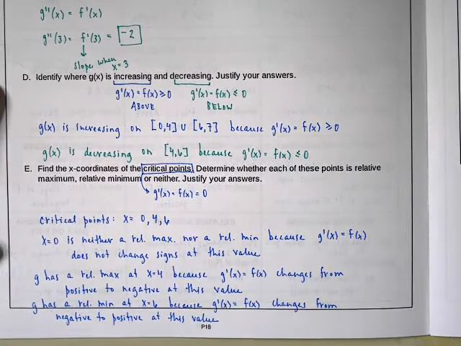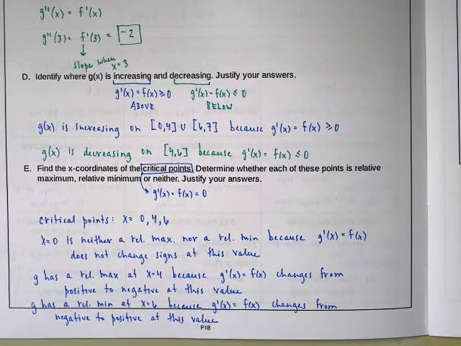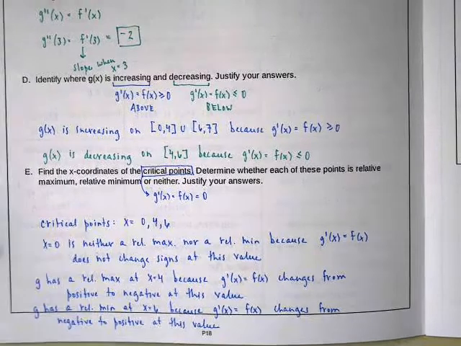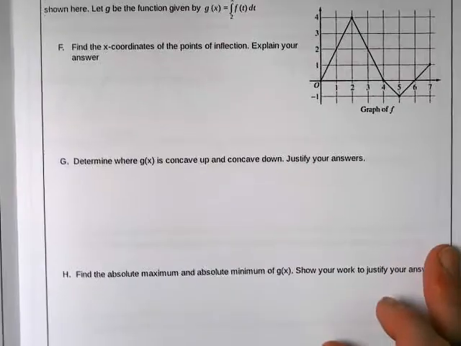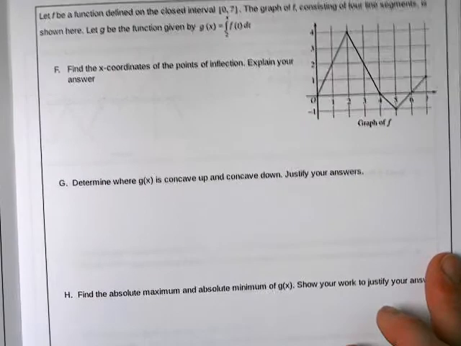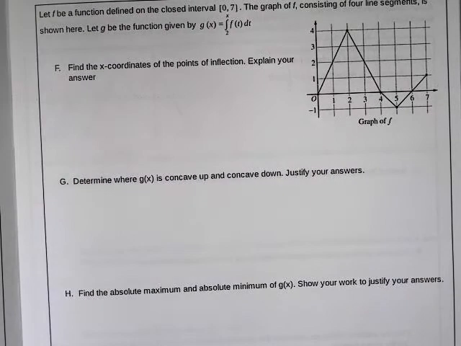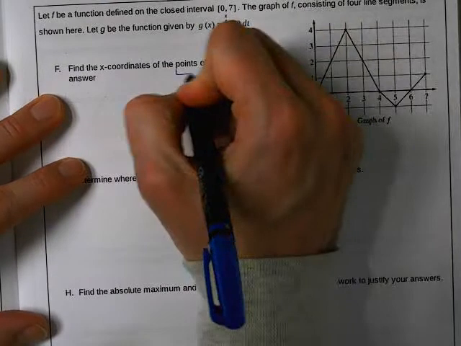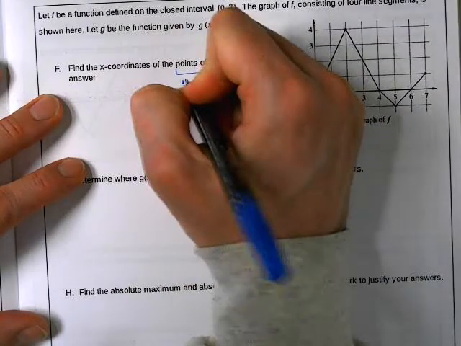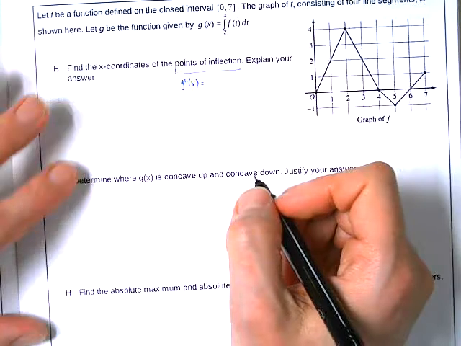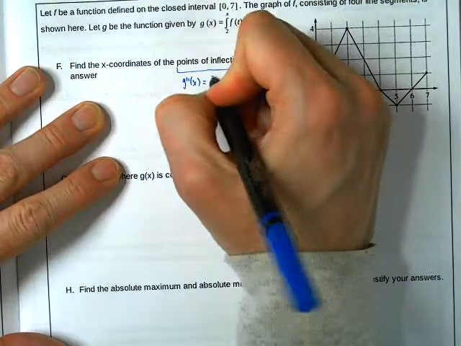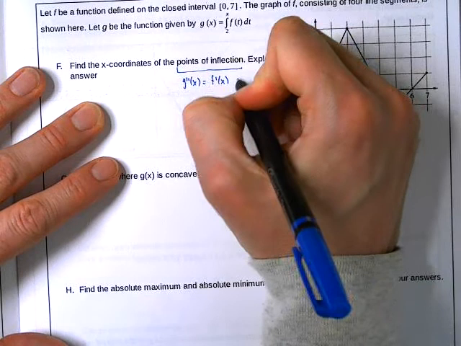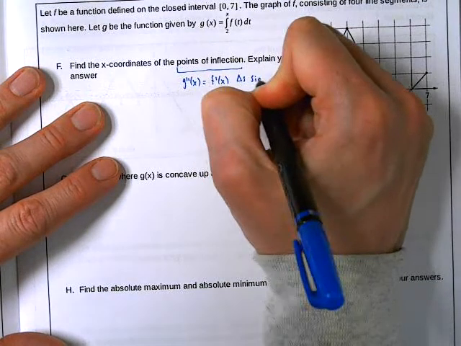All right, just a couple questions to go. We're going to be using the same accumulation function and the same graph. So if we flip over, next thing we're looking for is points of inflection. So we're looking for where that second derivative changes signs, right? So at a point of inflection, I'd be looking for where g double prime of x, which in this case we said g double prime of x equals f prime of x, changes sign.